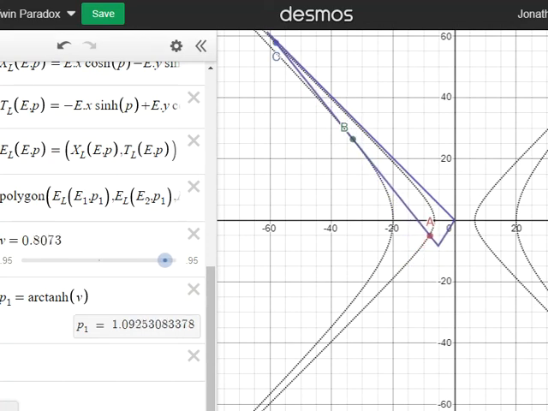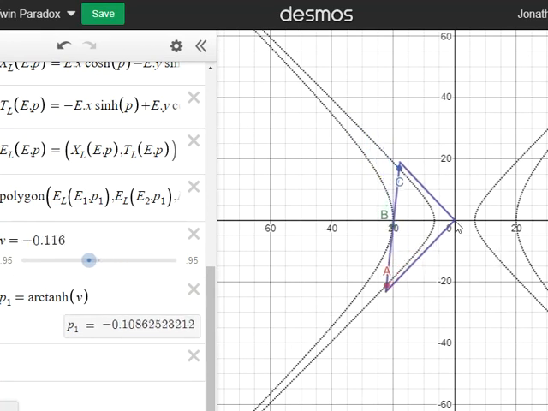A and C are on the same hyperbola because both A and C are events that are seen to be simultaneous with this event over here at the origin, depending only on the velocity of the observer.